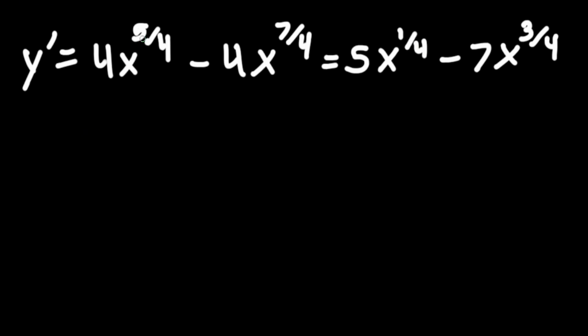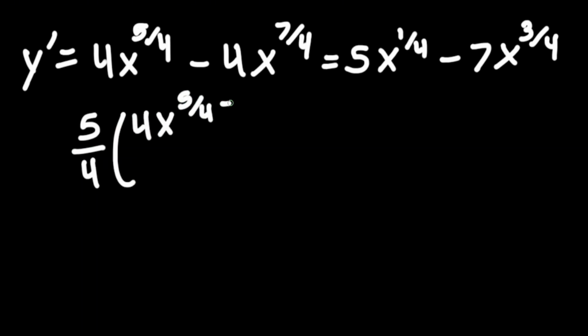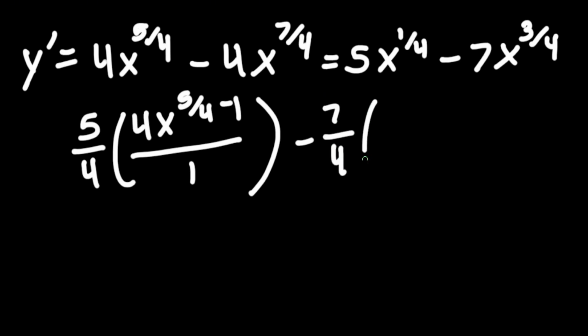So we just simply need to apply. The exponent is 5 fourths. So 5 fourths times 4x raised to 5 fourths minus 1, minus 7 fourths times 4x raised to 7 fourths minus 1.